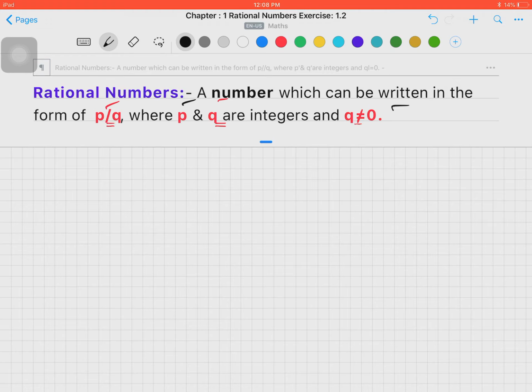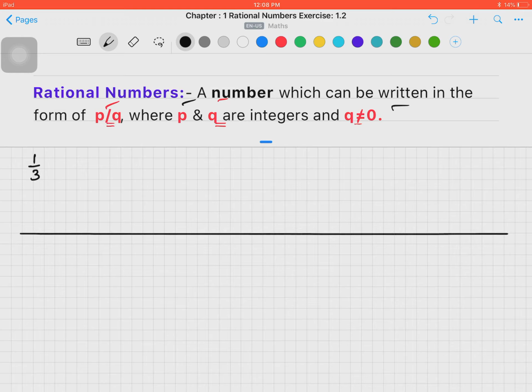Suppose we are given a number, let's say 1 by 3, and we are asked to represent this number on the number line. The first step is we will draw a number line using a pencil and scale. The pencil should be very pinpointed and sharp so that the line that you draw will be a fine line like this.